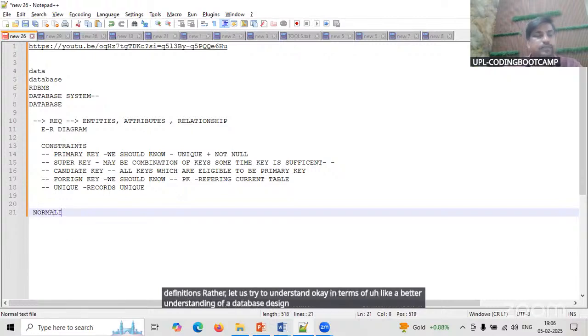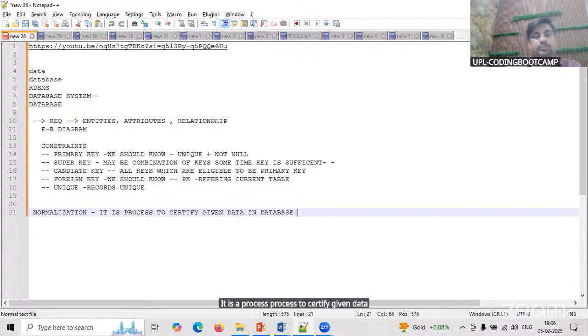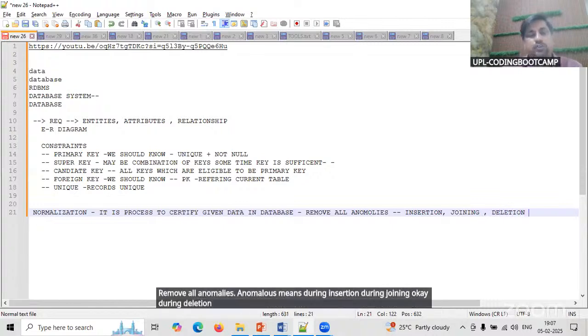Normalization means it is a process to certify the given data in a database, whether it removes all anomalies. Anomalies means during insertion, during joining, during deletion. I don't want any surprises.